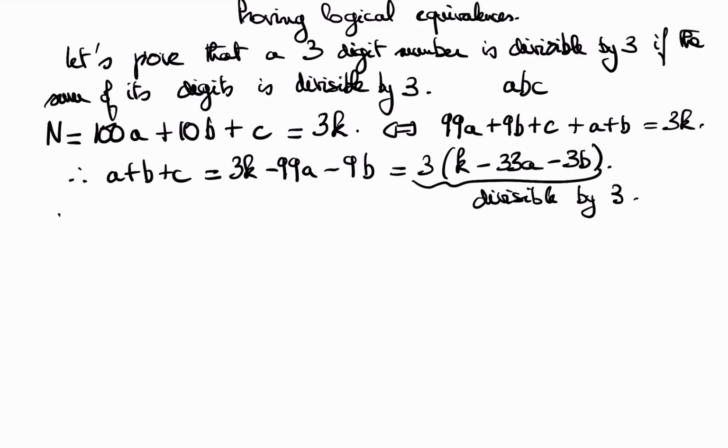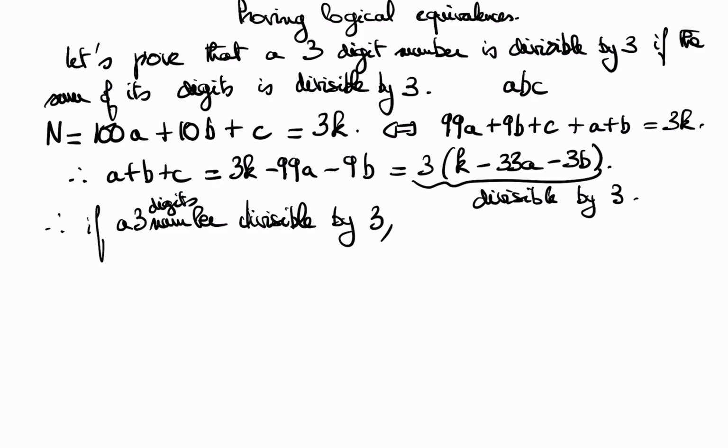So, what did we prove? We proved that if a 3-digit number is divisible by 3, then a plus b plus c is divisible by 3.